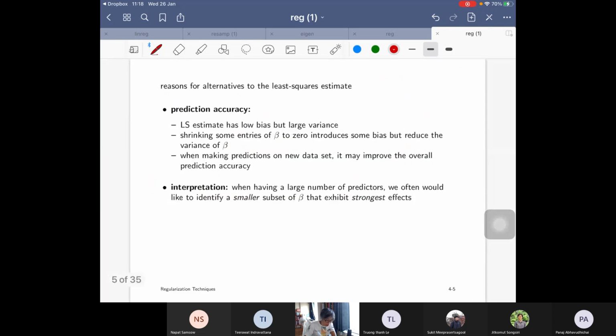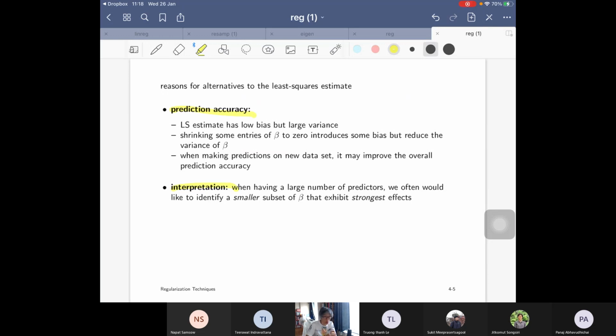So this idea, if we take a look at this in two aspects, is more about how you are going to trade off between prediction accuracy and interpretation of your model.